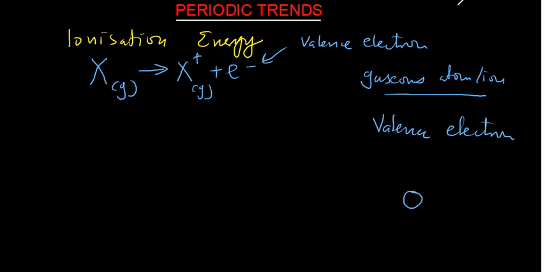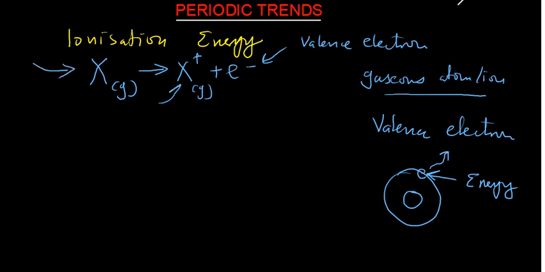So if this is your atom and electrons here, for this electron to be lost, this atom needs to gain energy. You supply it with energy and then it will be able to go out. So that is ionization energy. The energy required to remove the first electron is called the first ionization energy.